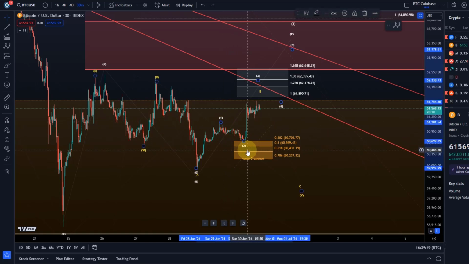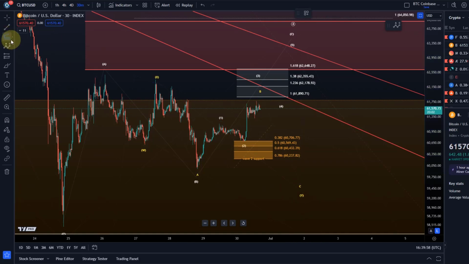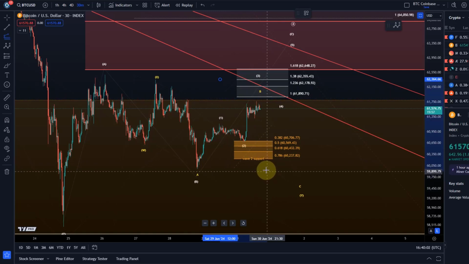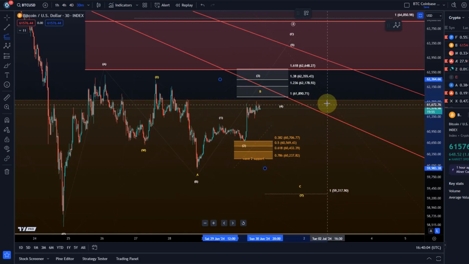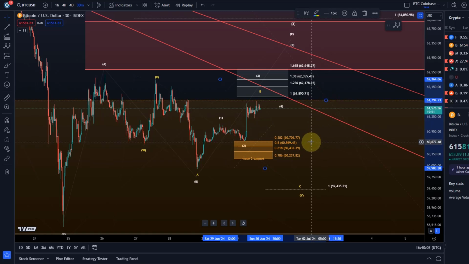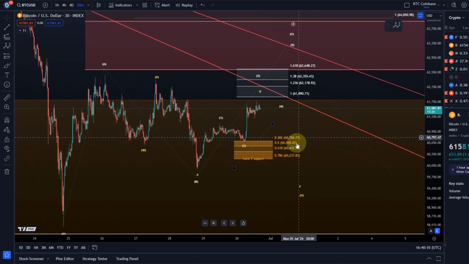Below that invalidation point, the yellow wave count will get control, and we might go down towards probably the 59.5K area. It depends a little on where that yellow B wave tops, but assuming it's topped already, we talk about 59,430 roughly.